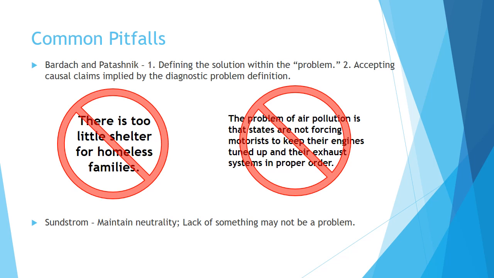Those assumptions can be remedied by not using that diagnostic problem definition. And again, Linda Sundstrom advises us all to maintain neutrality, and that, again, lack of something may not be a problem.